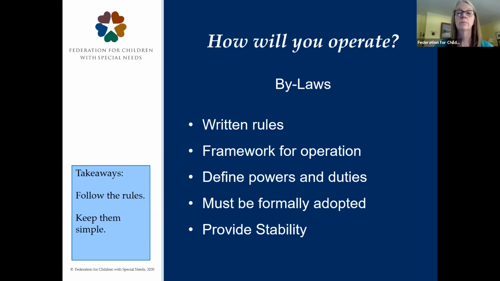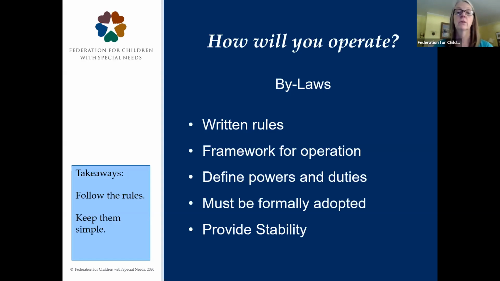These bylaws must be formally adopted by a SEPAC. So if a SEPAC is new, I suggest that you have an interim leadership team that puts together a set of bylaws, allows them to be reviewed by the community, and then has a meeting to formally adopt those bylaws.